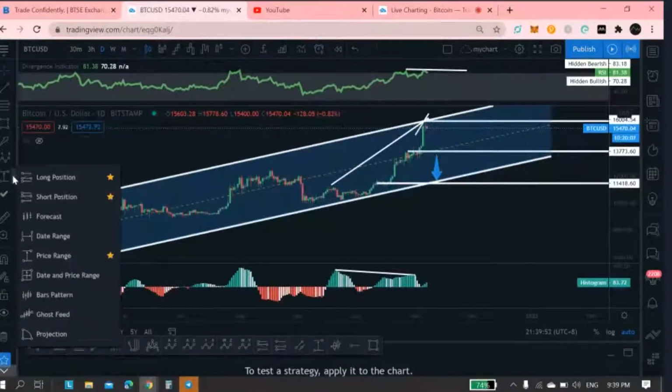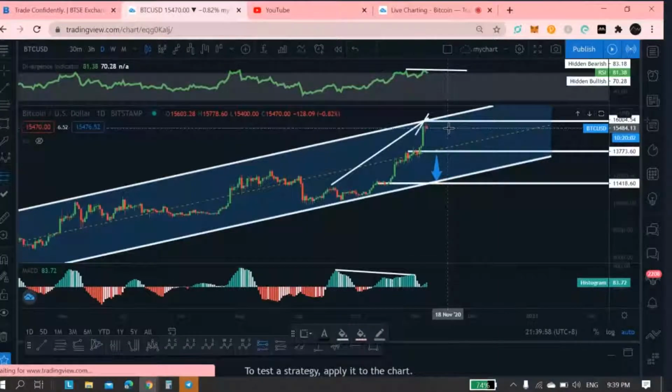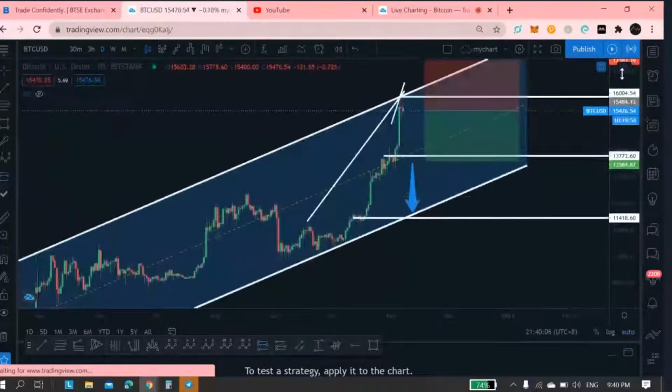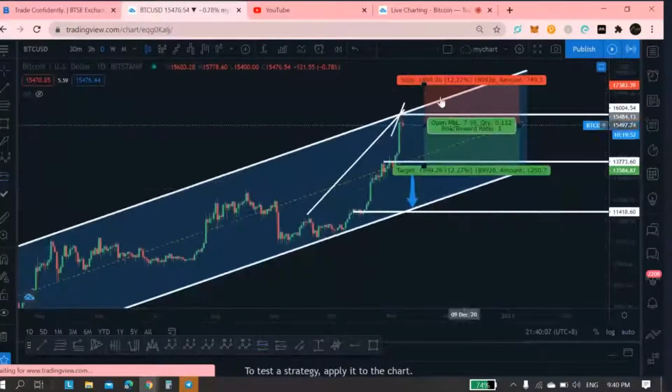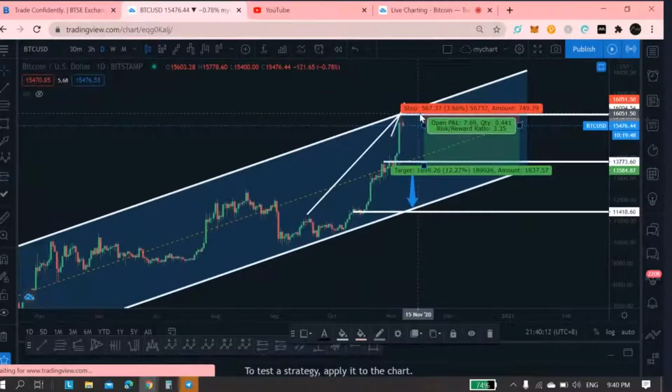Let's see if that is a profitable short, if ever. However, I will wait for the daily candle to close. So let's just make it bigger. This is around the 16,000 area.